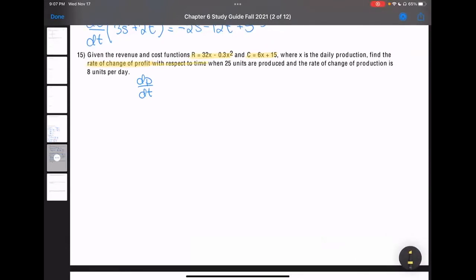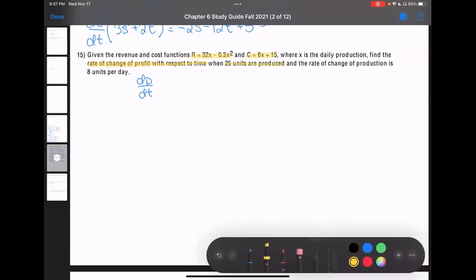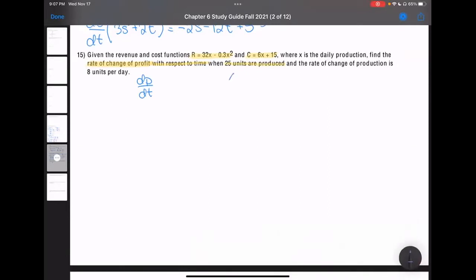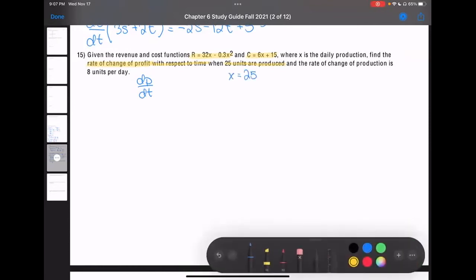When 25 units are produced, that gives us our x equals 25 units. And the rate of change of production is 8 units per day.